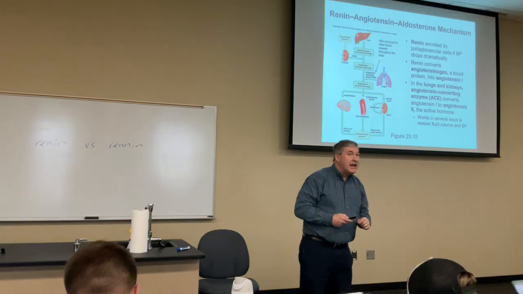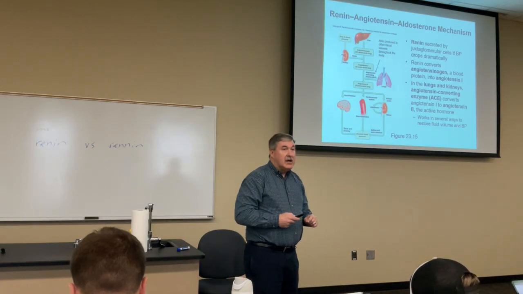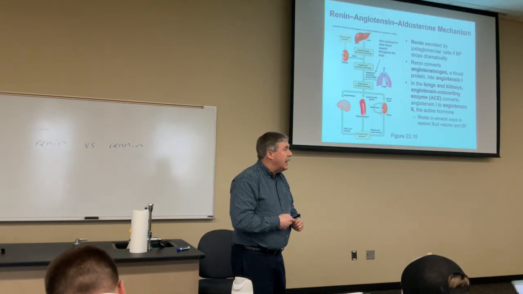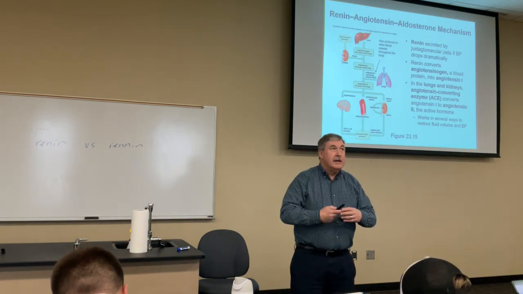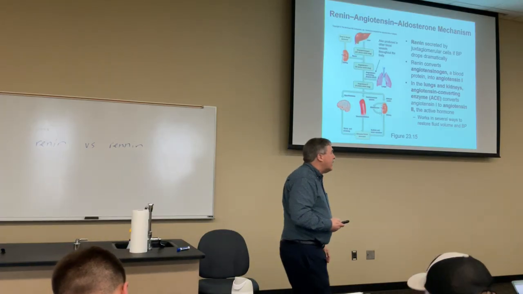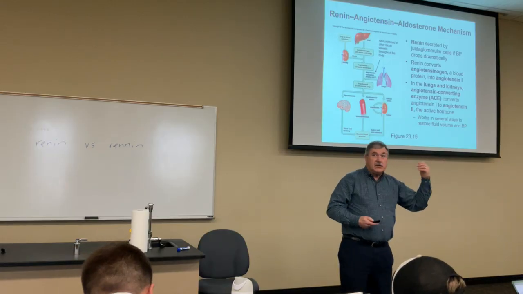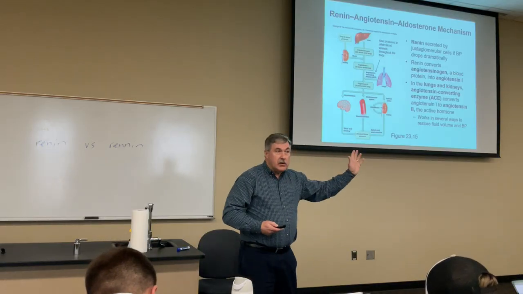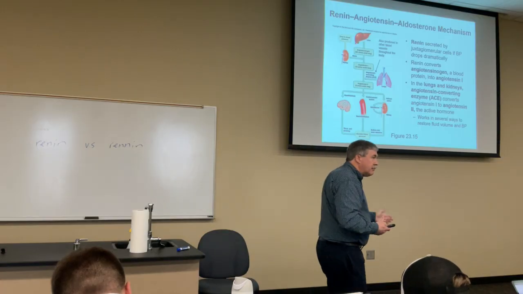The liver produces a lot of proteins. If you remember, the liver also produces a lot of pro-clotting factors, like, let me shift gears here, go back to earlier in the semester, fibrinogen, for example. Fibrinogen is a protein that's secreted by the liver, and it's converted to fibrin by the enzyme thrombin.